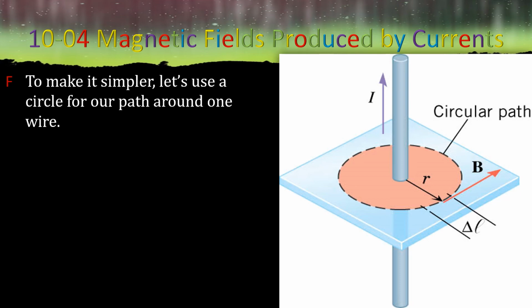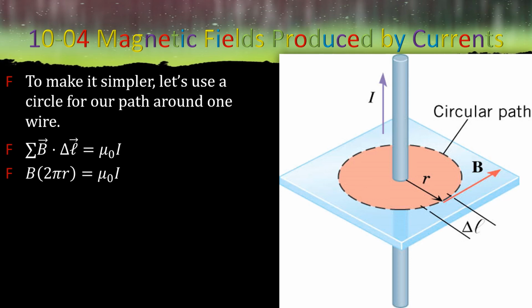At that point, the field's direction is parallel to this dl. B dot dl is equal to mu naught I. This is Ampere's circuital law. We are simply inserting the value for the whole circle, that is 2 pi r.